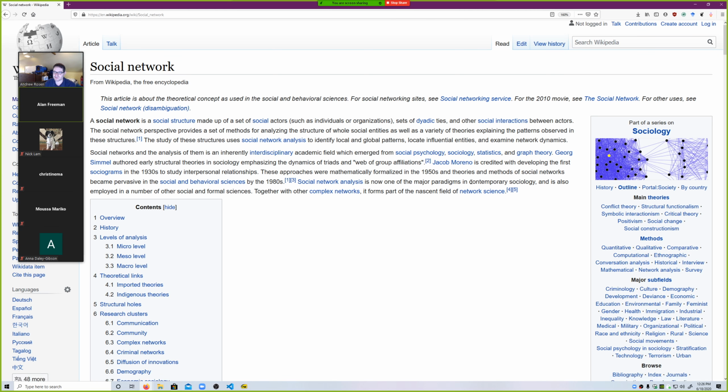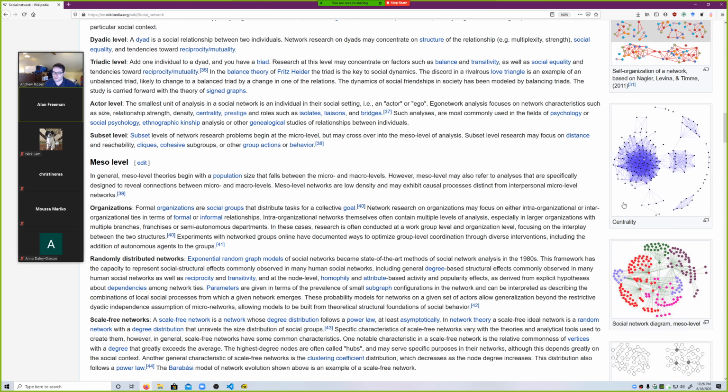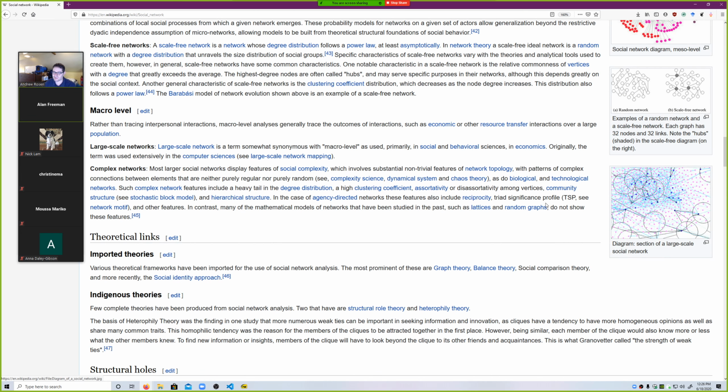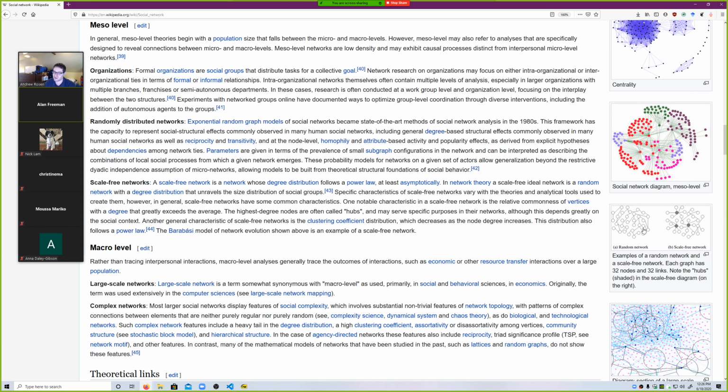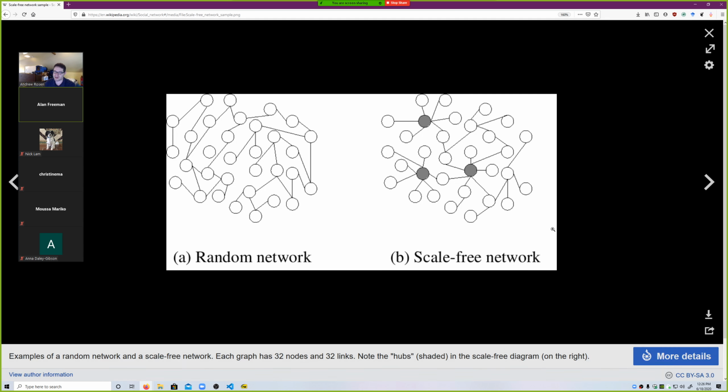If we look at this social network, there are a lot of studies, and as you can see, a lot of visualizations of these. It's a scale-free network, where a lot of people tend to know one person who knows a lot of other people.